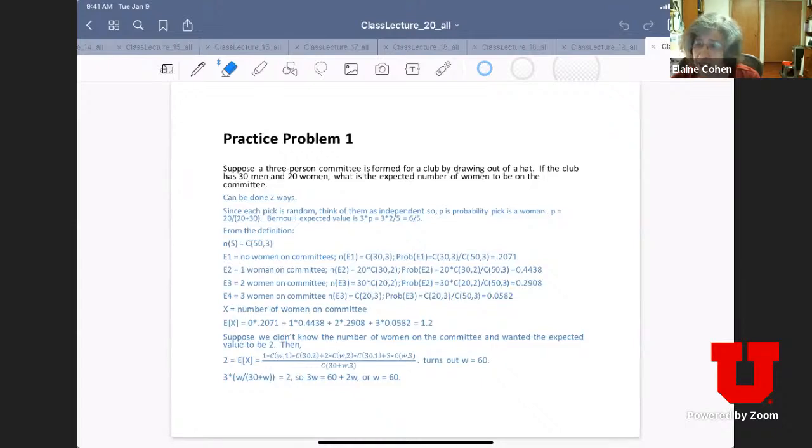And the probability is then take that and divide by the combinations of 30, the number of men, plus W. That's the total number of people. Take 3, choose 3, times the men.